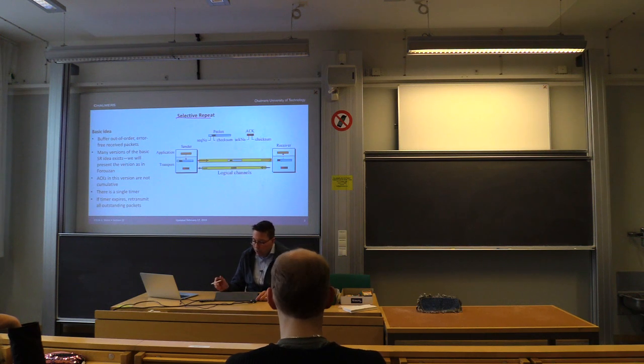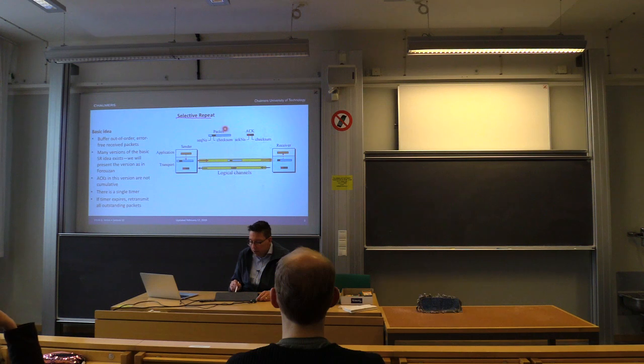So the main idea with ARQ, just to refresh our minds, is that we have a sender and a receiver. And the sender would like to send packets over this channel. And the packets consist of a sequence number, a checksum, and then some payload. And those packets that arrive correctly are acknowledged with an acknowledgement frame that goes from the receiver to the transmitter. And that contains an ACKNO.